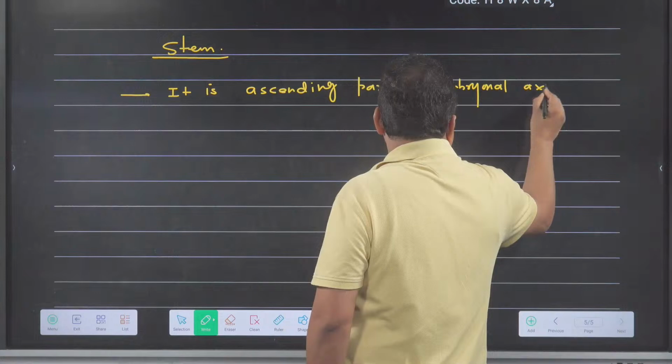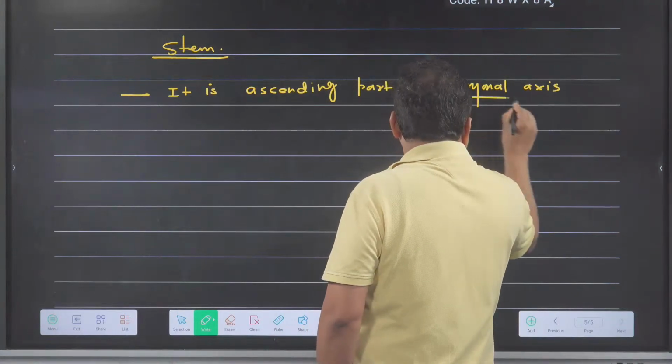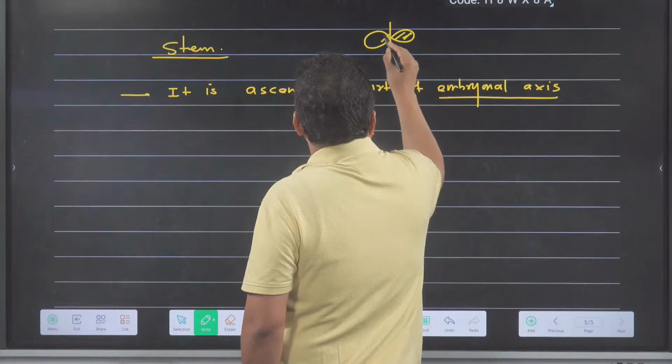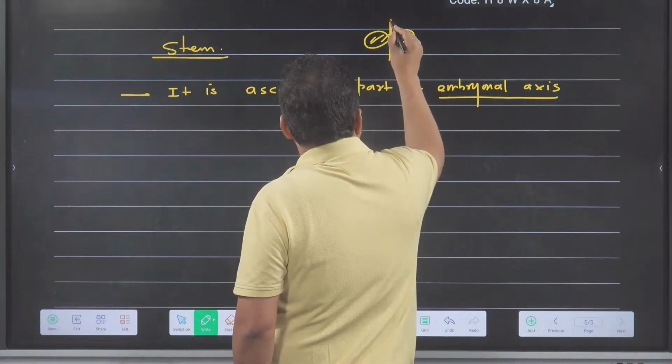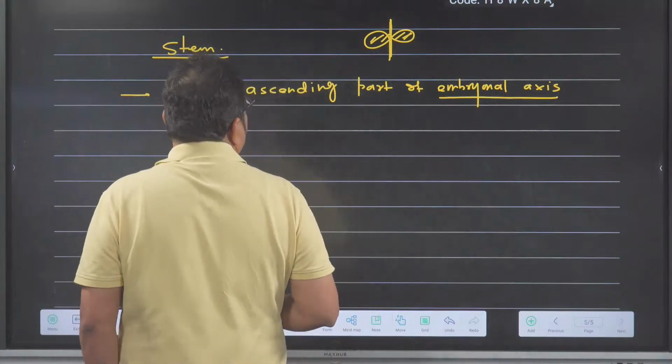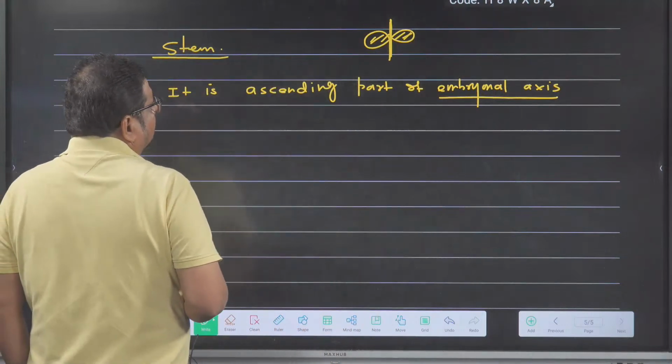NCERT wrote only axis, I am just making it complete. Embryonal axis. You know, this is embryo and this is embryonal axis. So ascending part of the embryonal axis. Got the idea, right?